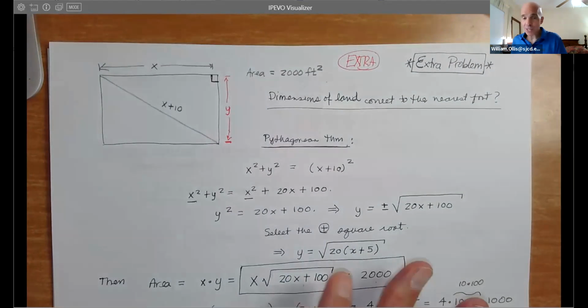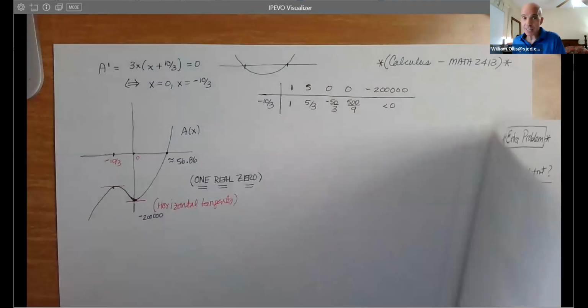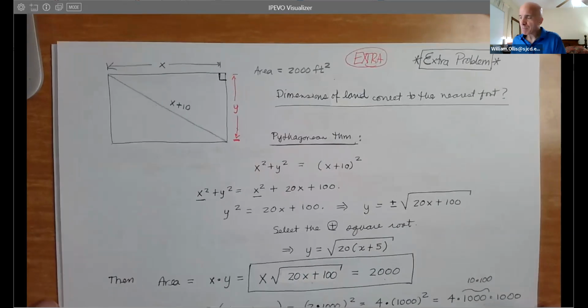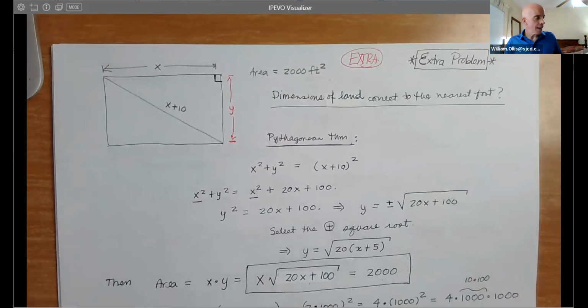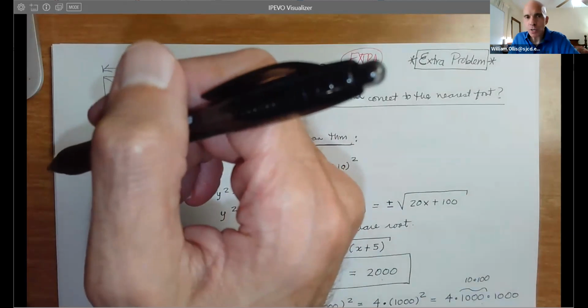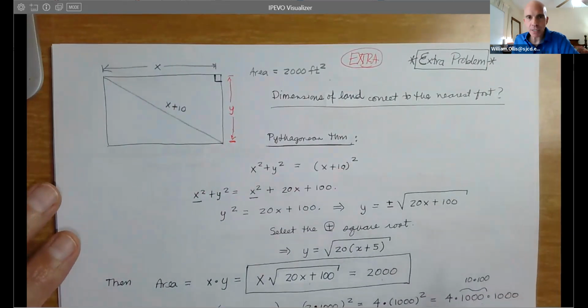Now, this was actually what I wrote up yesterday during the problem session. And then after it was over, I did some calculus here that I'm going to share with you. So this is a problem where WebAssign would say, use some device that has some graphing capabilities that would allow you to approximate a 0, because this 0 is not something that you could actually find with the standard methods.